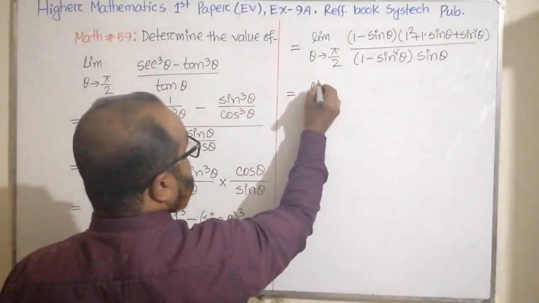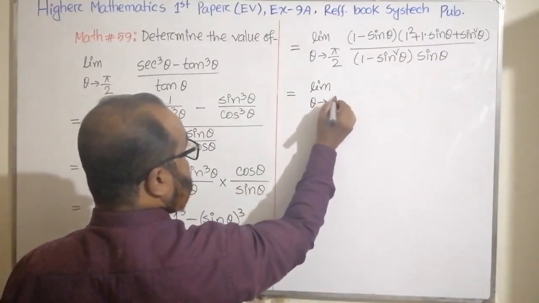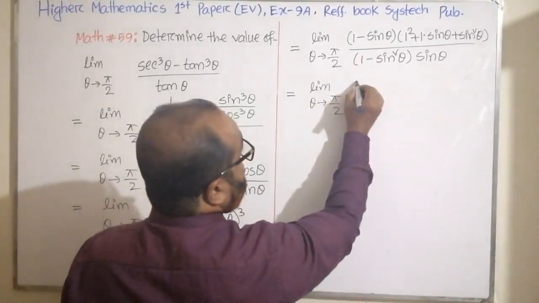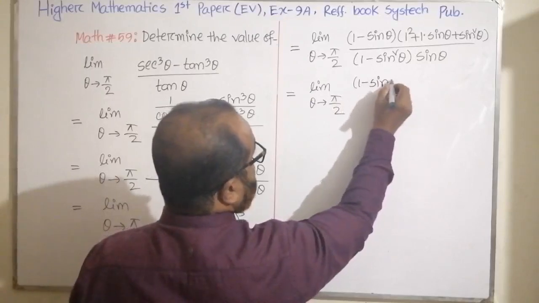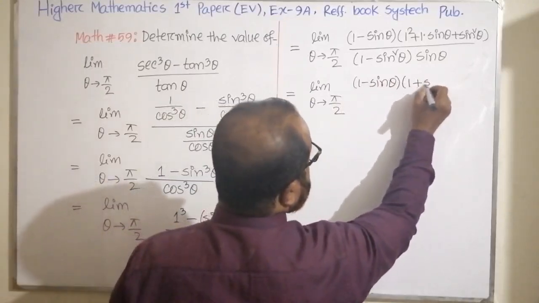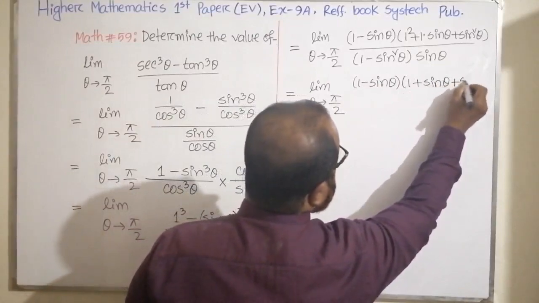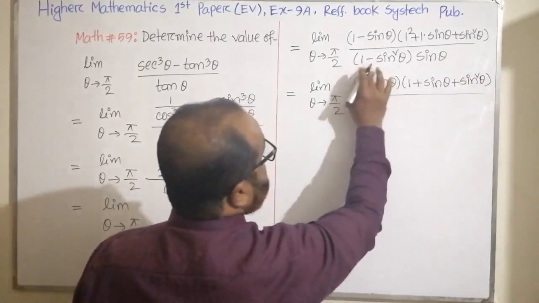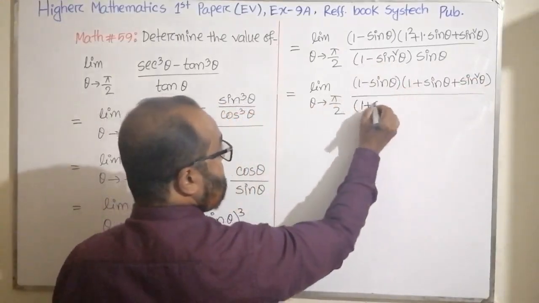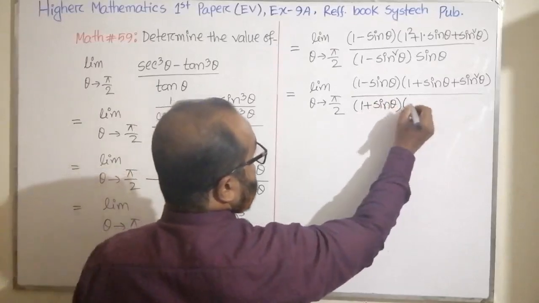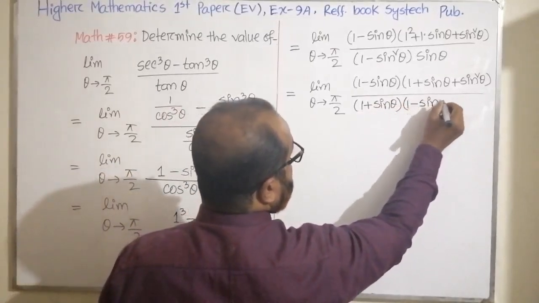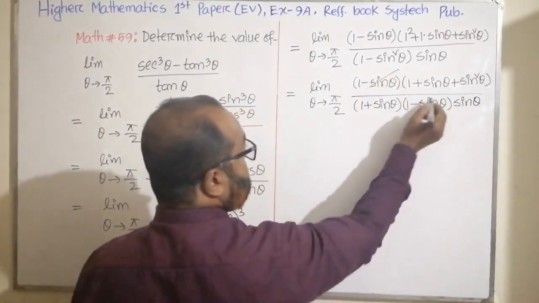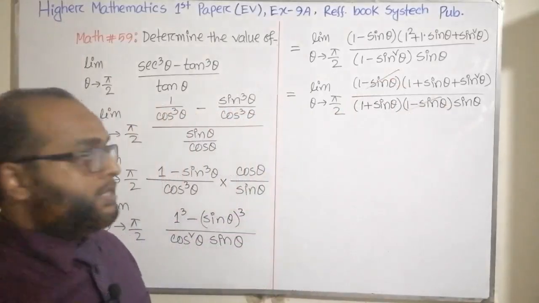This equals limit theta tends to pi by 2, and here 1 minus sin theta into 1 plus sin theta plus sin square theta, divided by a square minus b square, here a plus b into a minus b into sin theta. This 1 minus sin theta and this 1 minus sin theta are cancelled.